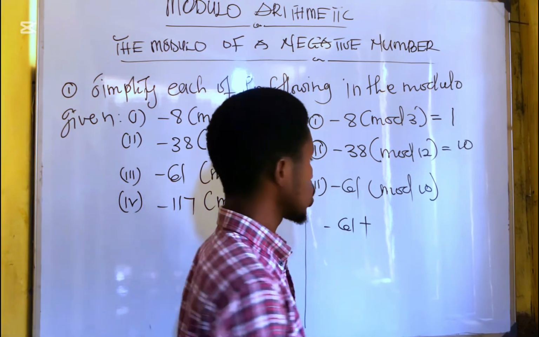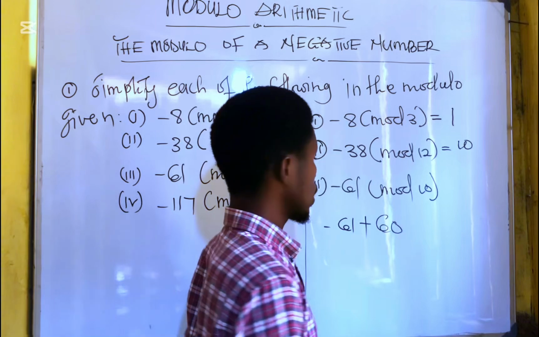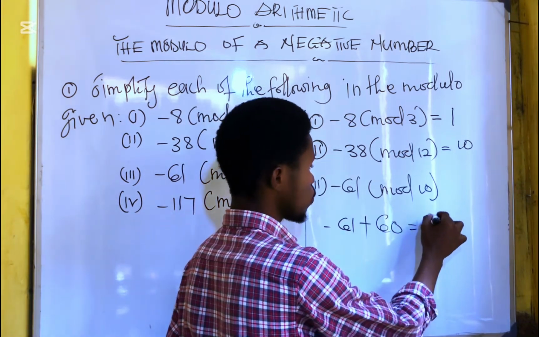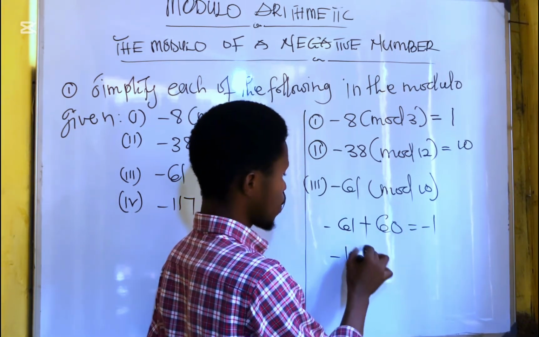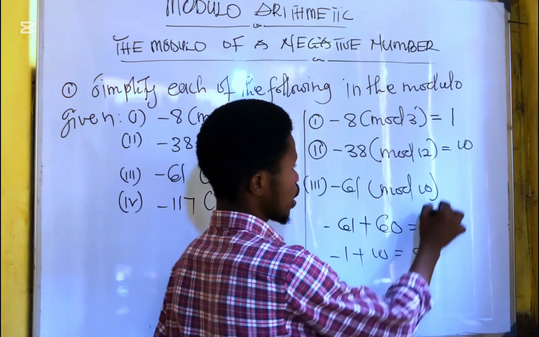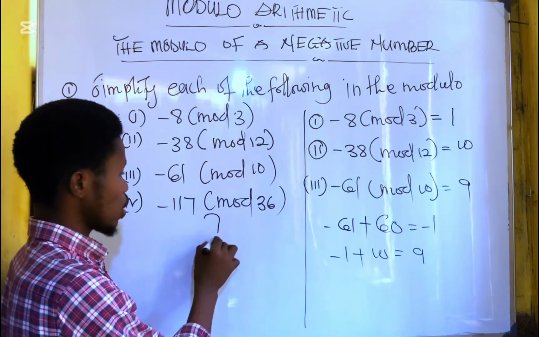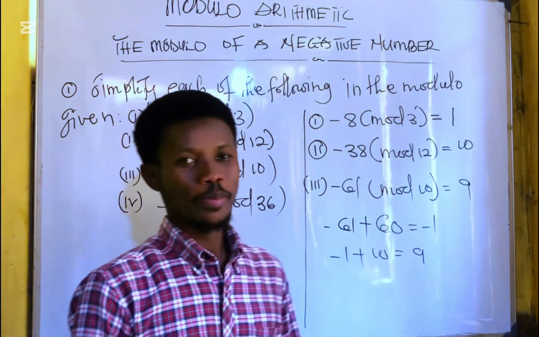Have you seen that? So here I can add 60 to this because 6 times 10 will give us 60. And this will give us negative 1. So negative 1 plus 10 will give us 9. So here the answer is 9. What will be the answer for the last one? Try it and leave your answer in the comment section.